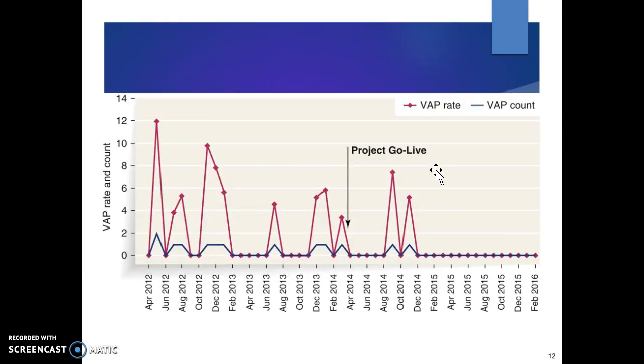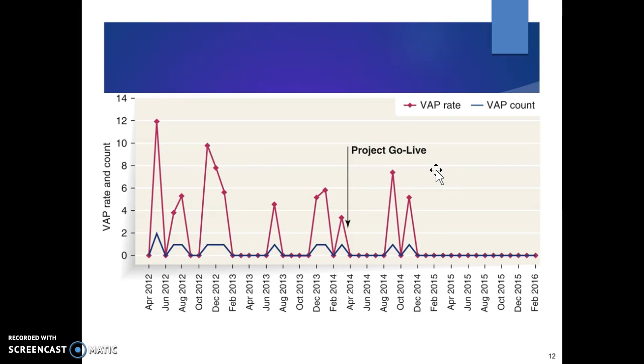I also wanted to show you the graphics you're typically going to see related to EBPs being done. You will have baseline data that shows where we have been in terms of measures of quality prior to the project go live, and then ongoing monitoring after the fact.